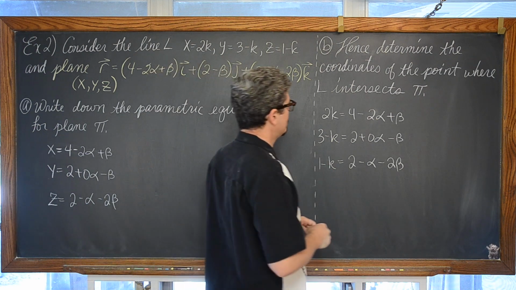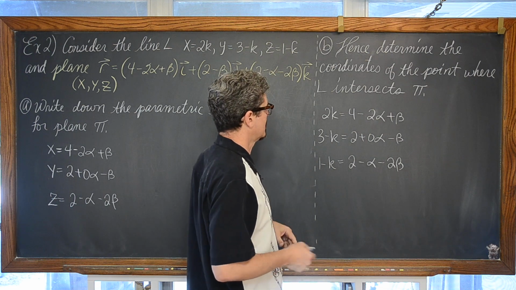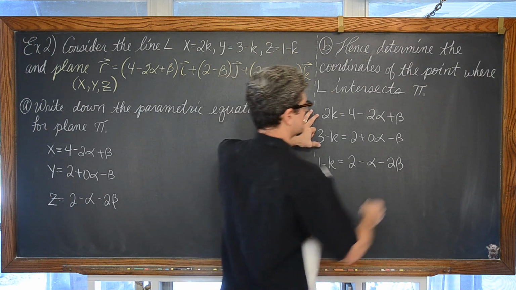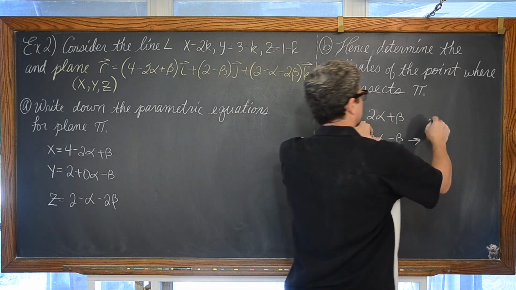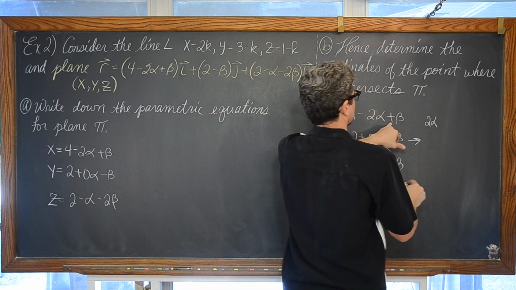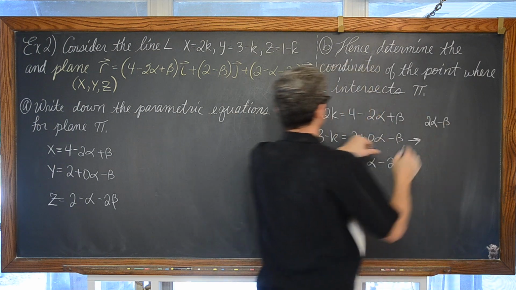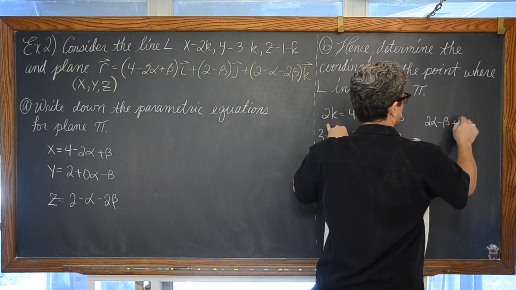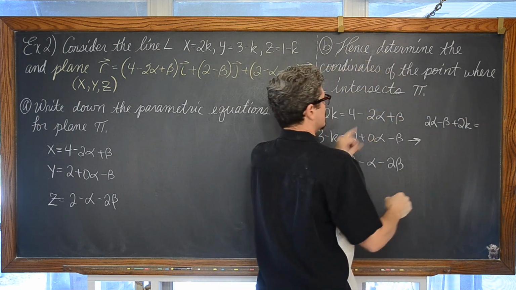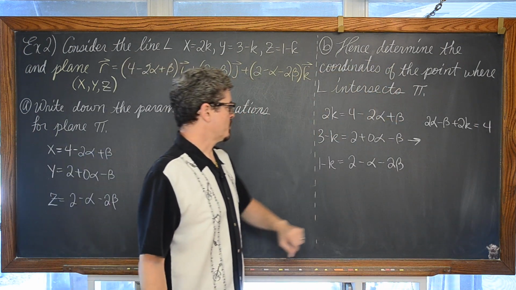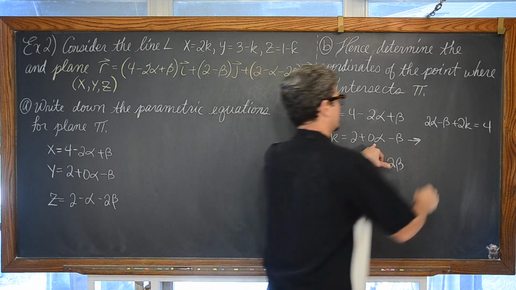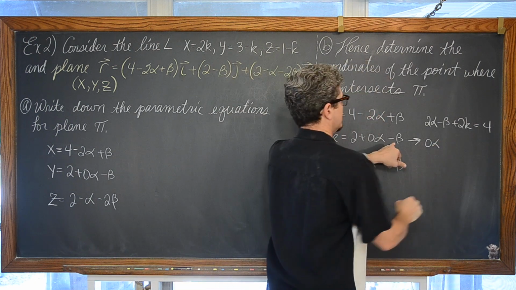So maybe we bring over, let's write this as add and subtract. So we're looking at 2 alpha minus beta plus 2k is equal to 4. And bringing over this is going to be 0 alpha plus beta.